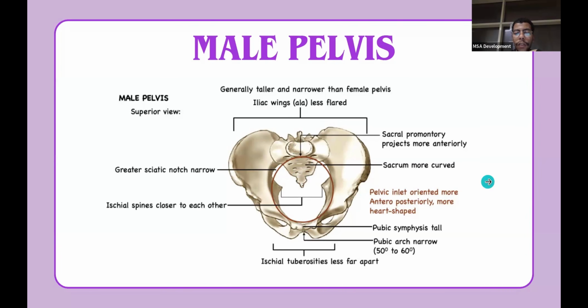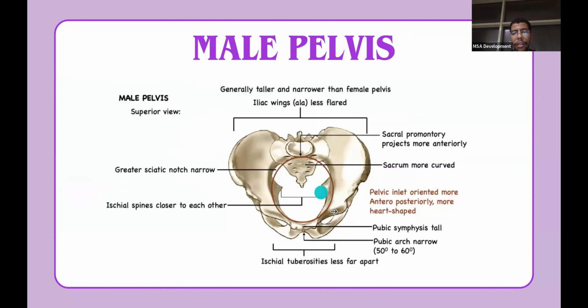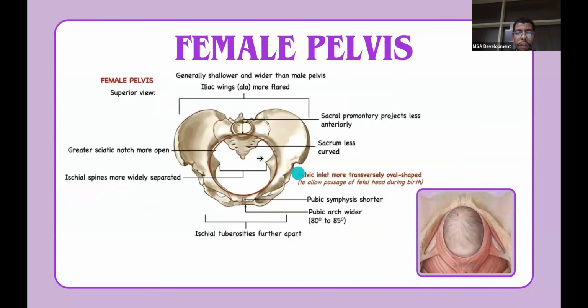However, in the female, it's a lot more oval shaped, so it's transversely stretched. Can you see how oval it is? And male is a lot more circular. So this is anteroposteriorly oriented, and that one is transversely oval.